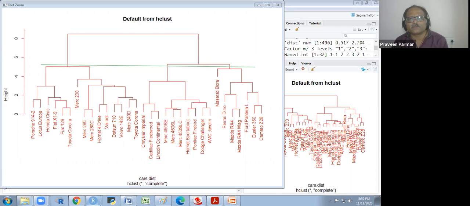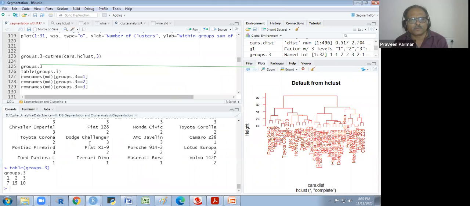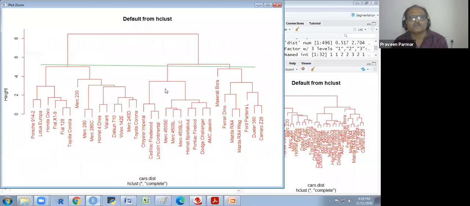Just a moment. 7, 15, and 10. This is the 7: 1, 2, 3, 4, 5, 6, 7.